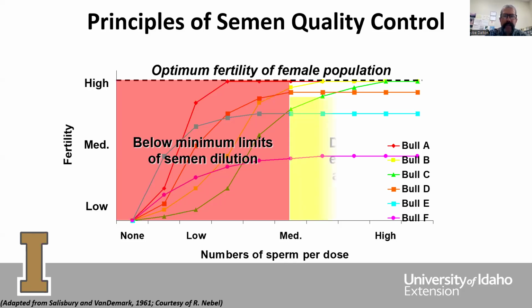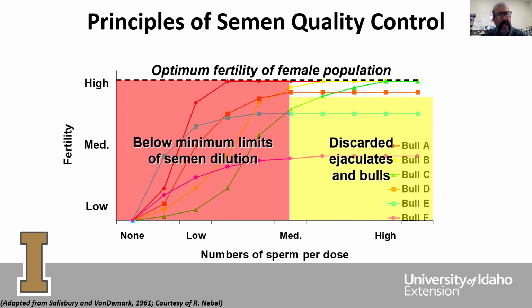On the other hand, bulls that are in this range, even though they have higher sperm numbers, we're going to discard those ejaculates and cull those bulls because, as I said, there's a high percentage of uncompensable traits. Uncompensable meaning we cannot just add sperm cells to increase fertility.